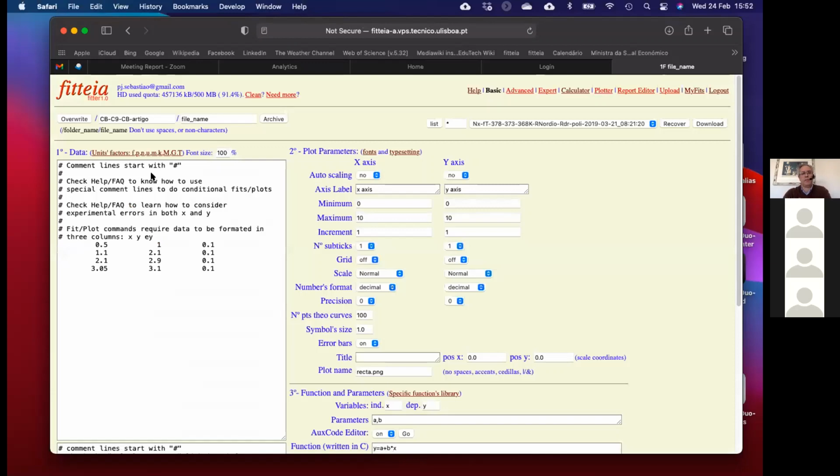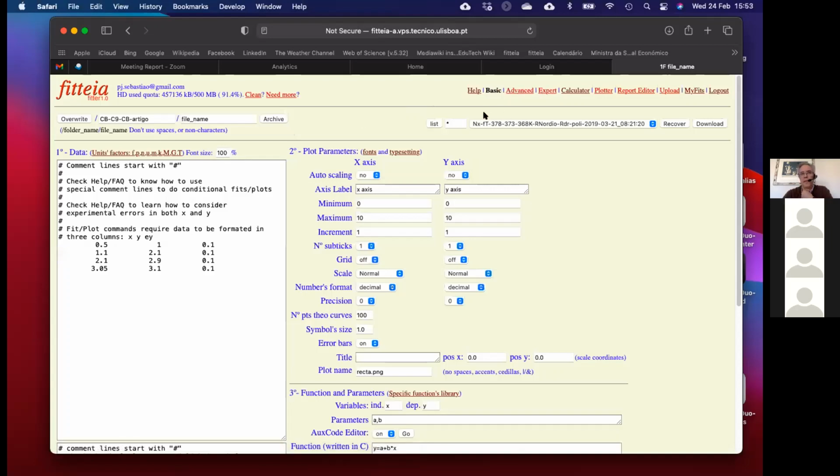So if I type there, I get into an interface where I can do several things that I will not explain in detail. I just mention here that there are 3 basic modes: basic, advanced, and expert.